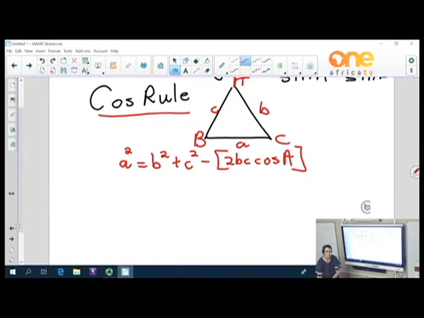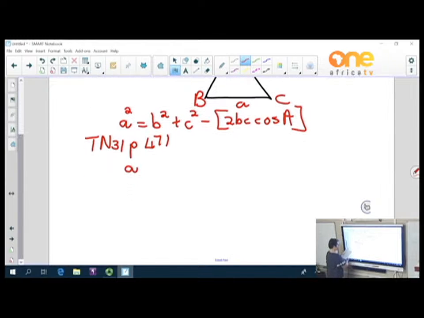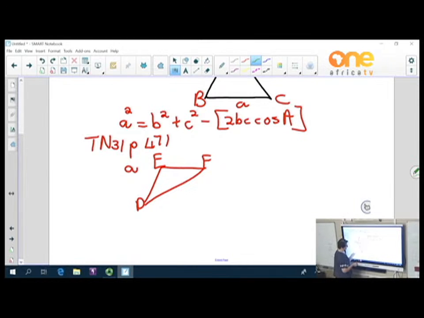Now, I would like you just to look on page 471, and this is then try now 31. And this is just to find the sides and write the sides. So we're just looking at number A. So you have the triangle DEF, and we have to label now the sides and the angles.